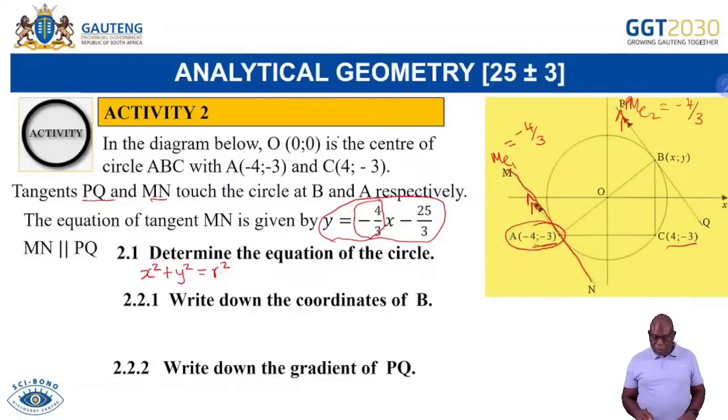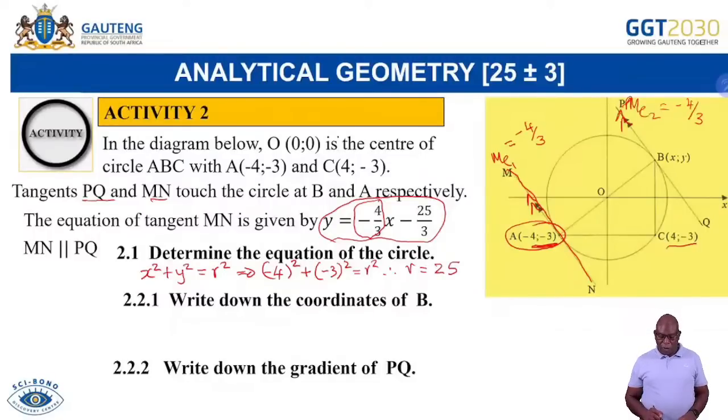The point that I'm using is this one. So I'll have minus 4 squared plus minus 3 squared equals r squared. Therefore, my r squared will be 16 plus 9, which is 25.